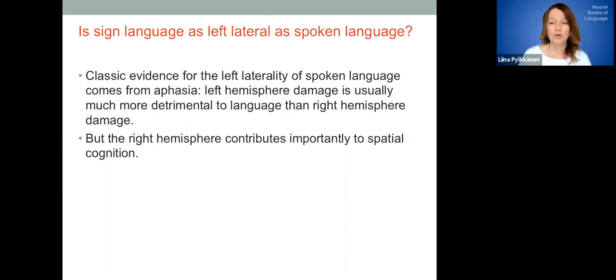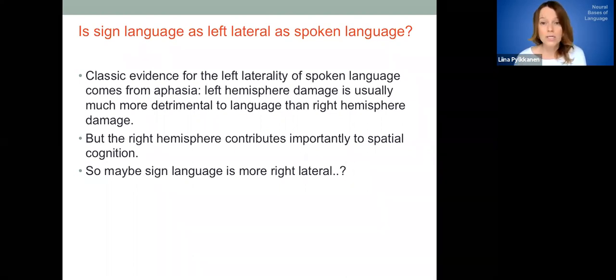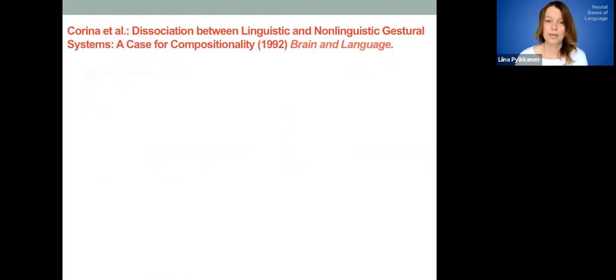And sign language, of course, is articulated in space. You use space to sign. And so that has given rise to the question and hypothesis of whether sign language may be more right lateral than spoken language.